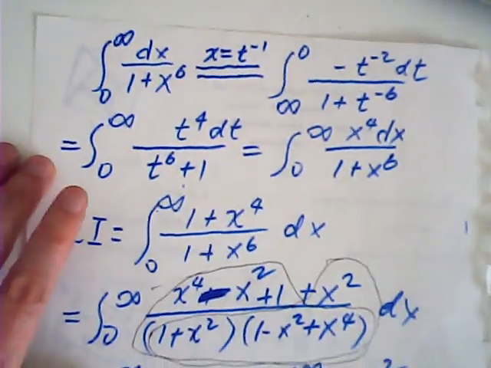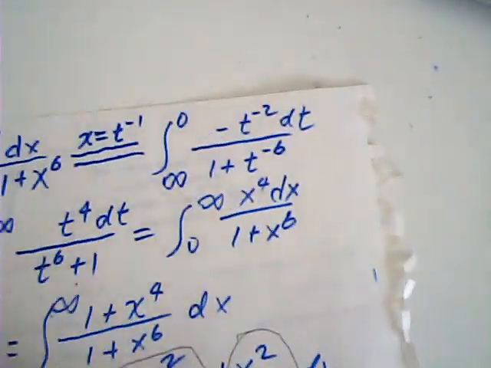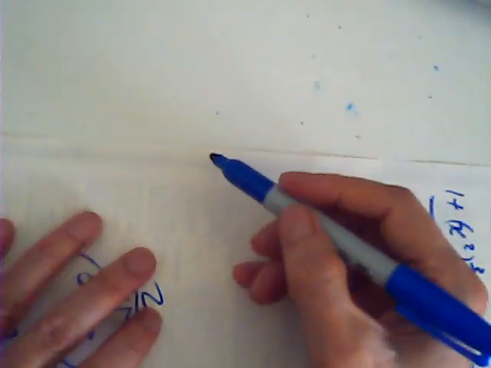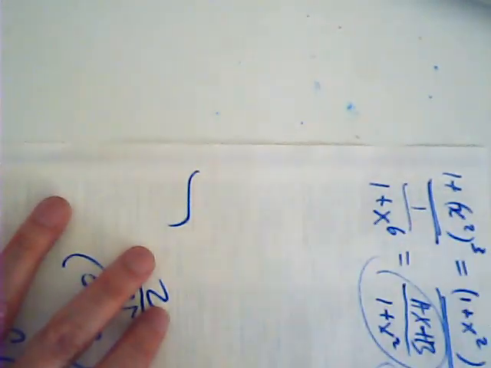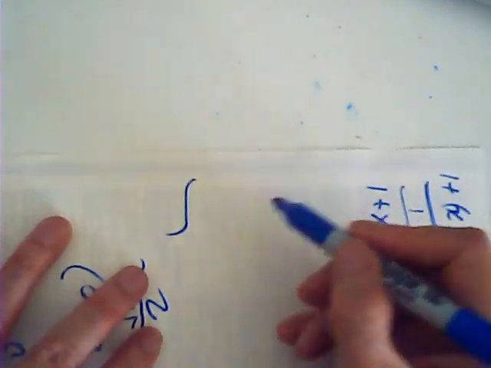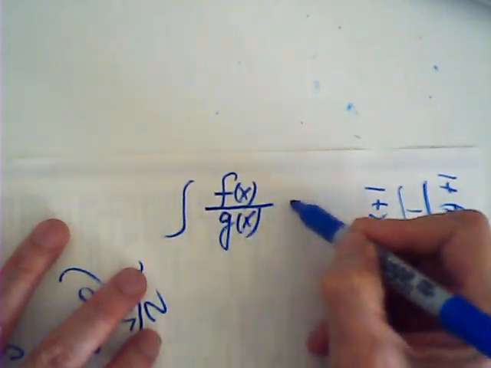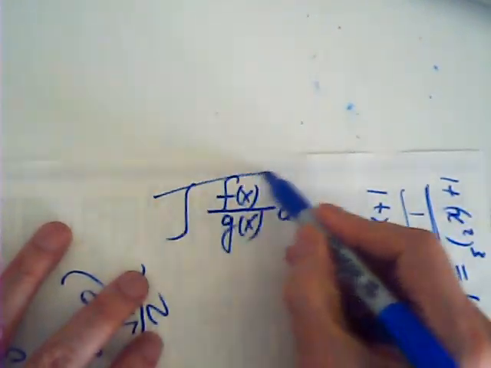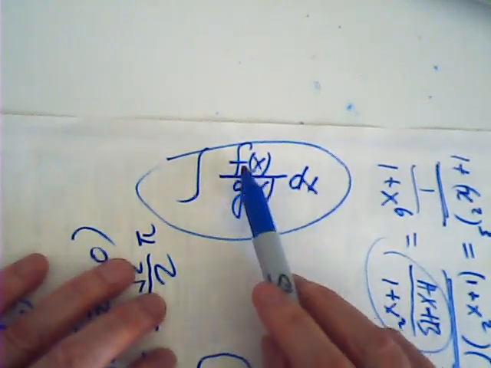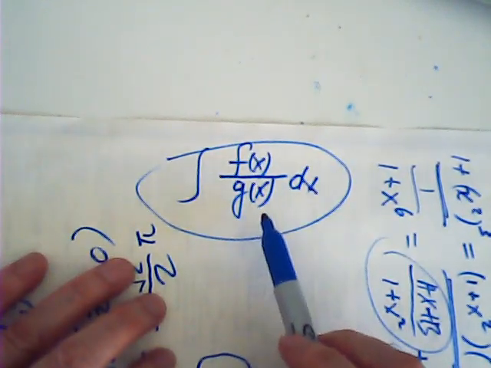Okay. I think I have another video, let me mention something here. That is f of x over g of x, when f and g are polynomials.